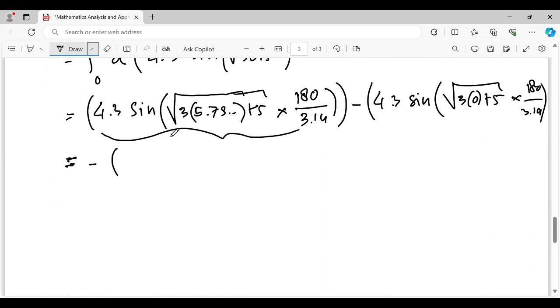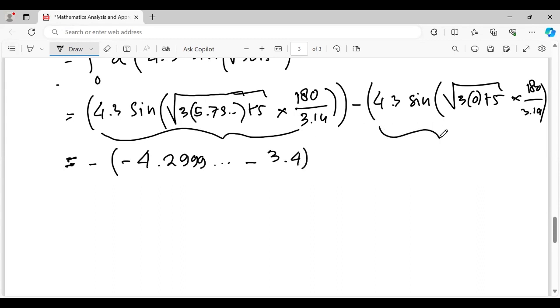And then if you calculate this, it will be minus 4.2999 and so on, minus 3.4.